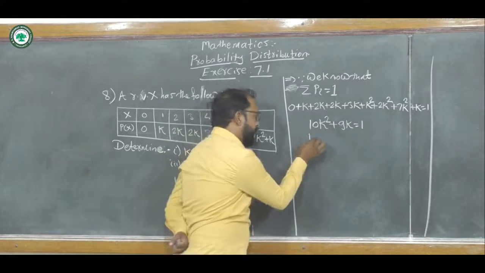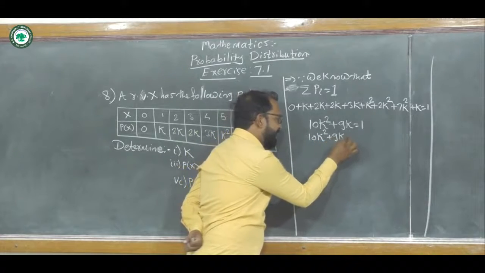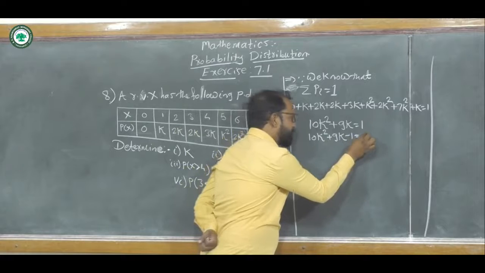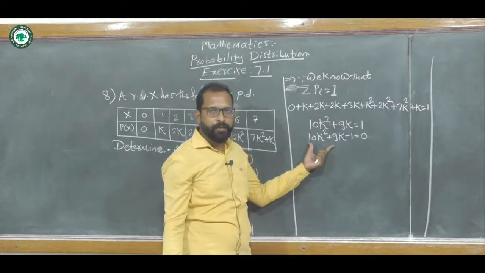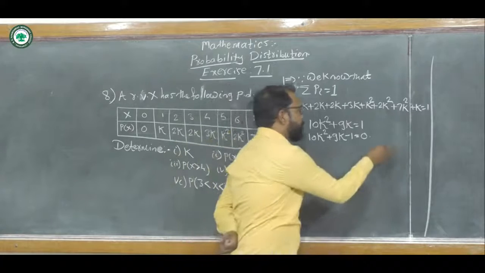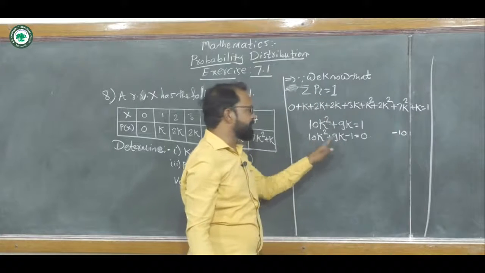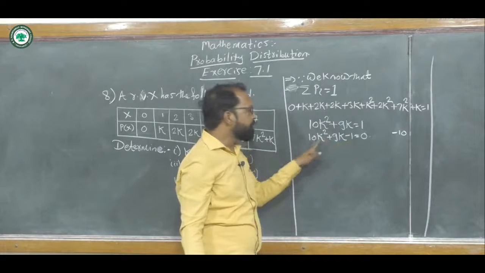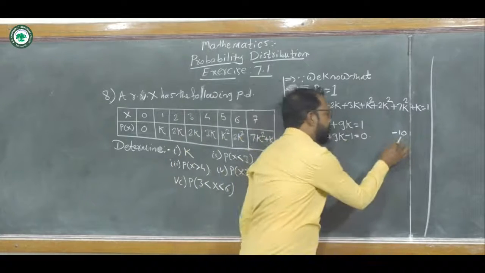Now this can be written as 10k square plus 9k minus 1 equals 0. This is a quadratic equation in k. We have to find the value of k, so factorize it. Here we have to find two numbers whose product is minus 10 and sum is plus 9.